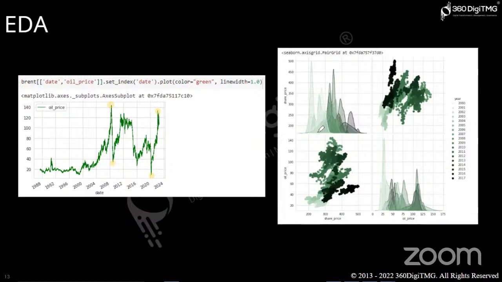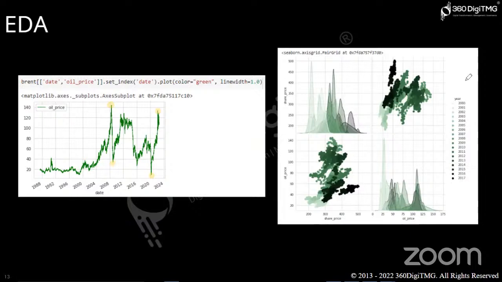So in the same way, I have tried to compare the share prices also. When we have looked into share price and oil price, we can see that there is a lot of fluctuation here based on the years. Here we have taken the years, and these dark colors are showing the 2017.